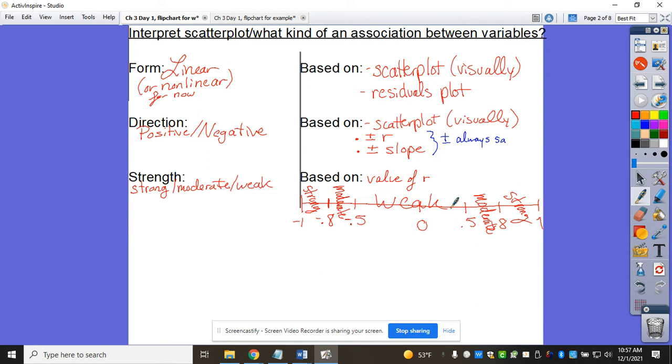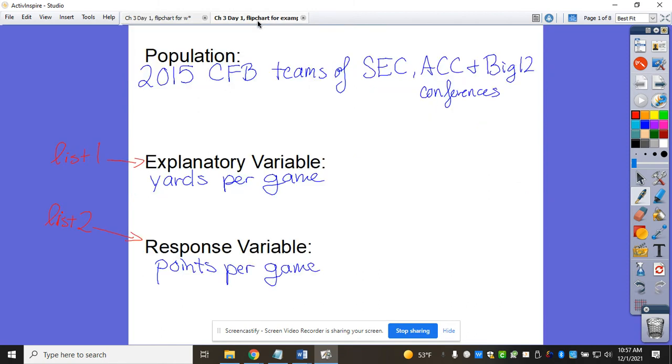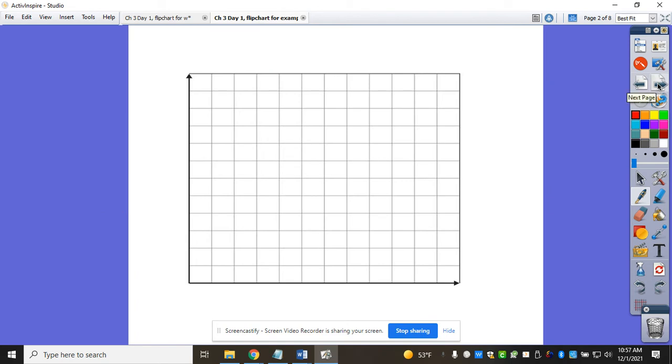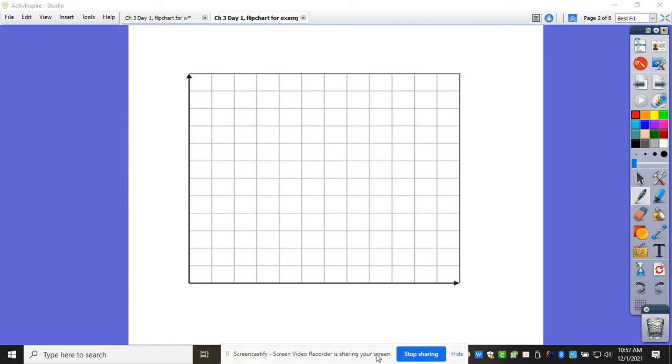So let's look back at our example. Let's go ahead and label our graph first. So this is going to be our scatter plot. I'm just writing scatter plot of response versus explanatory for population.